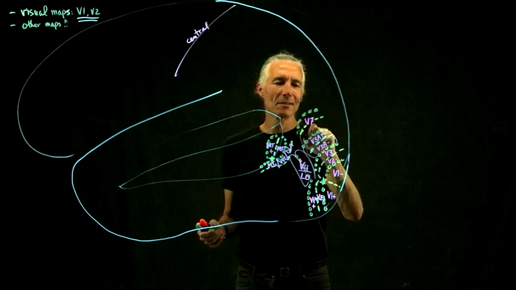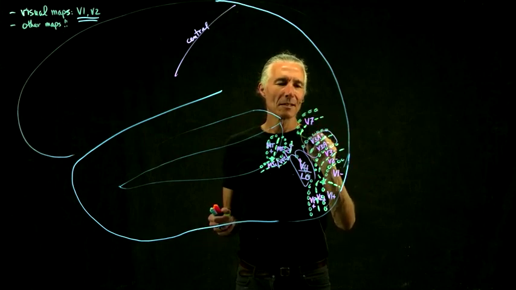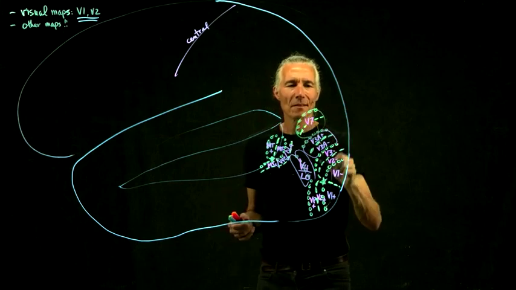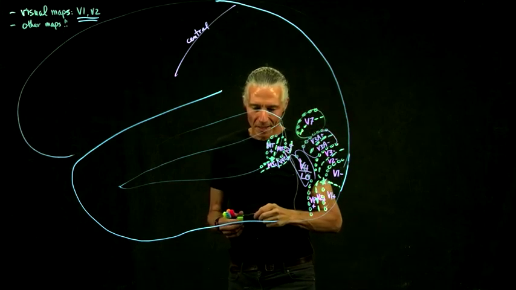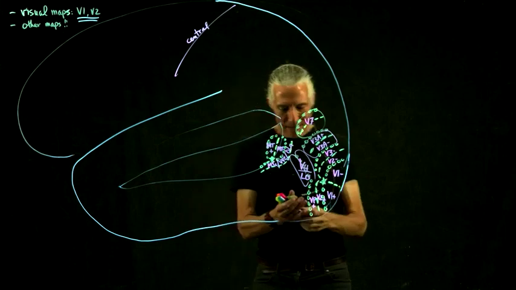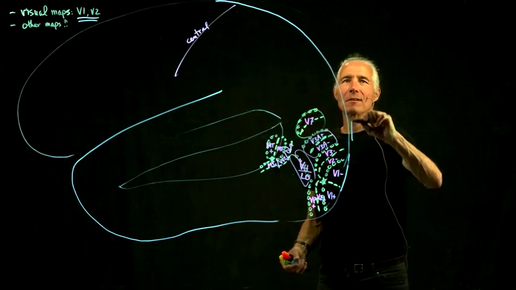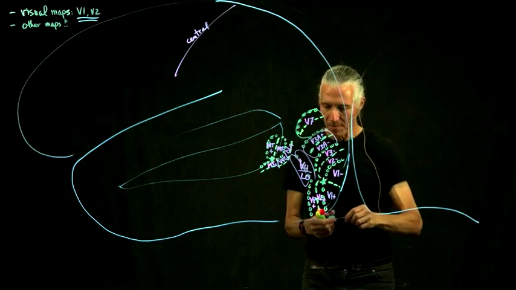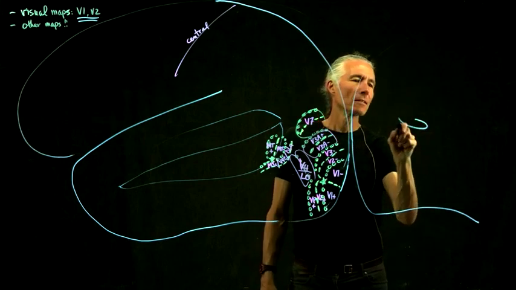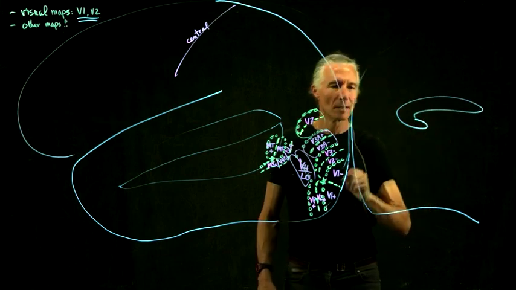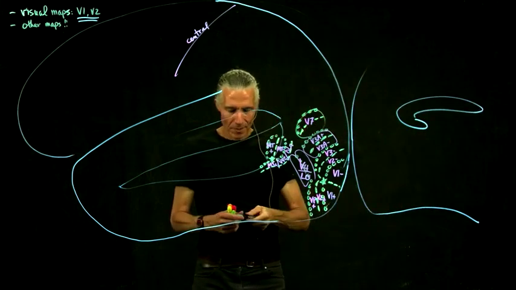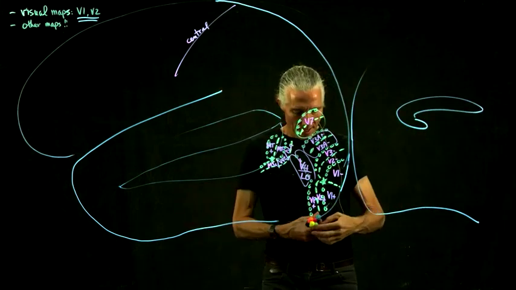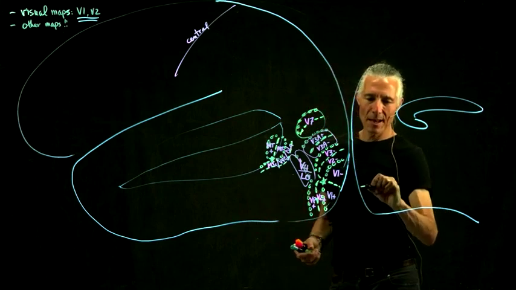And so it turns out that there's an area along the midline. So now we've got to draw along the midline like this. And so this is the corpus callosum right there. So if we look on the midline, there's a lot of V1 there.